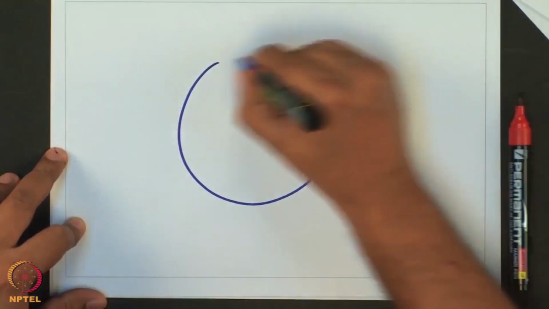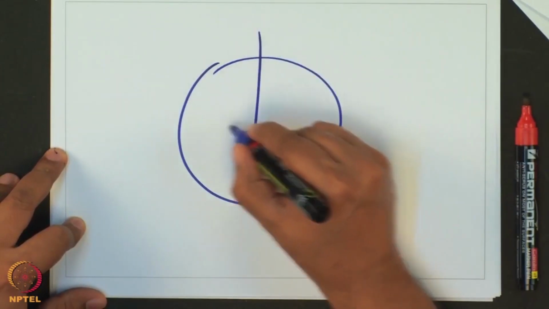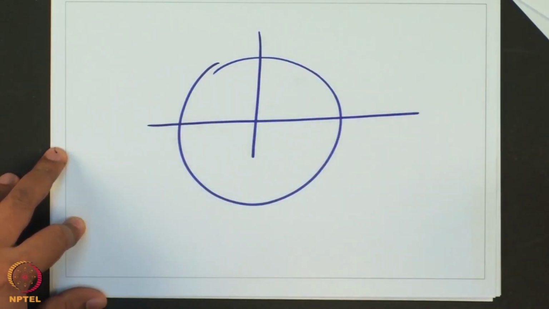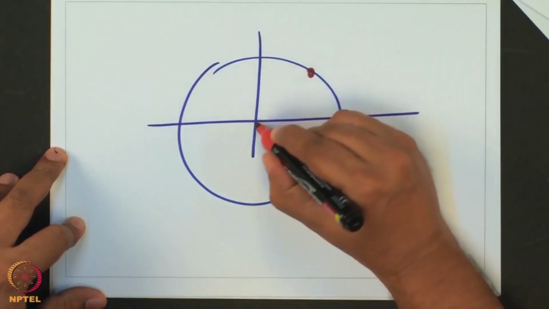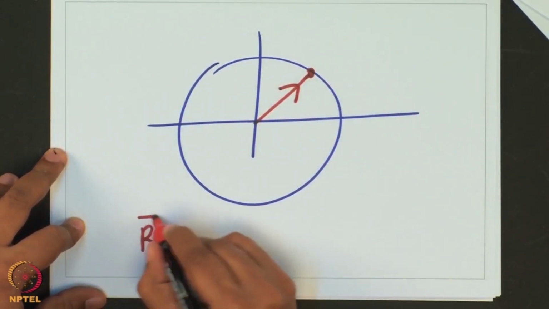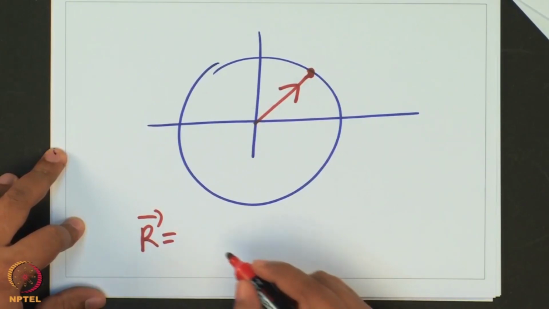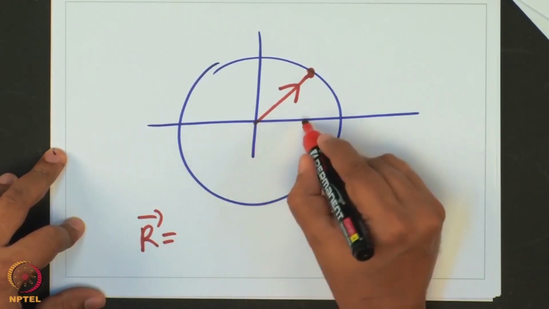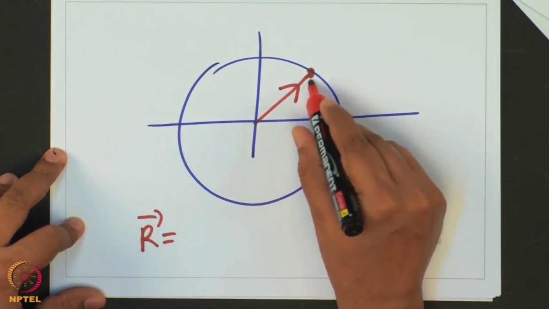To do that, let us go back to our example of a point on a circle. If you have a point on a circle, this is the point and this is the vector r. The vector r can be written as this x and this y.